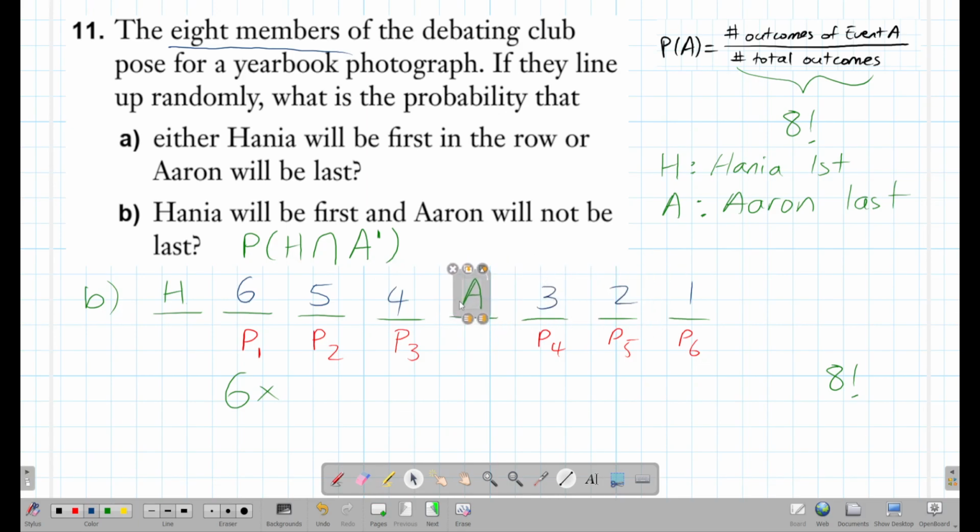The number of permutations for the other people remains the same. So for Aaron, we had 6 possibilities, and then for the other people, we have 6 factorial. And all of this needs to be divided by the total number of outcomes, which is 8 factorial here. Just put that over there. Okay, so that's going to be our probability.